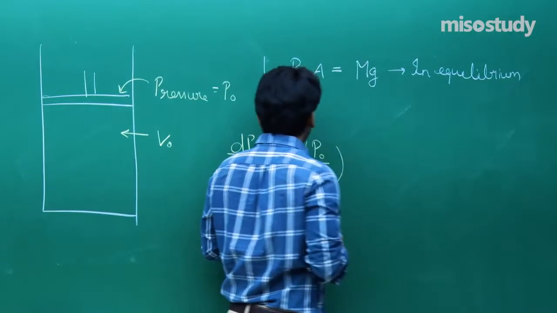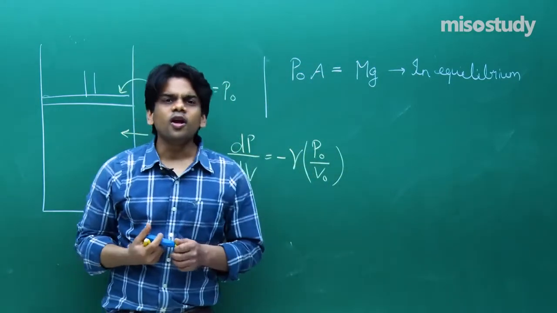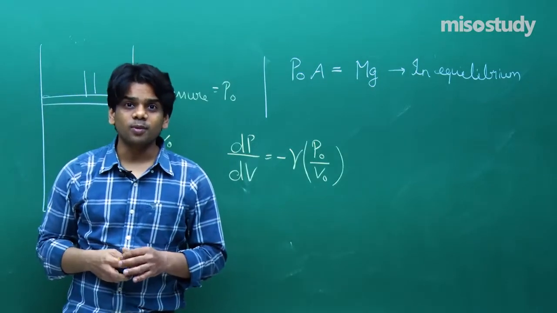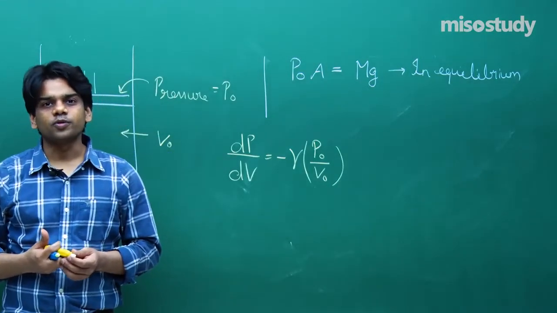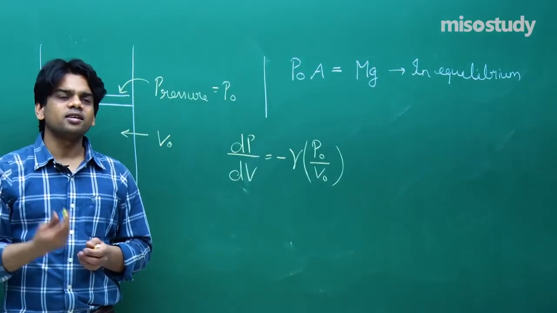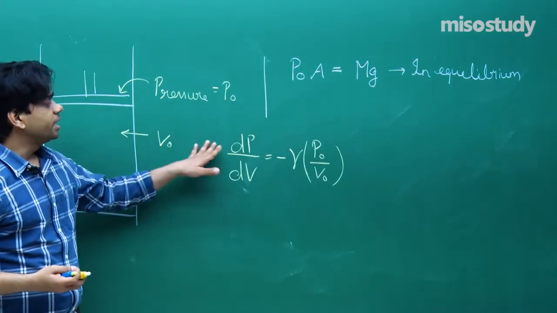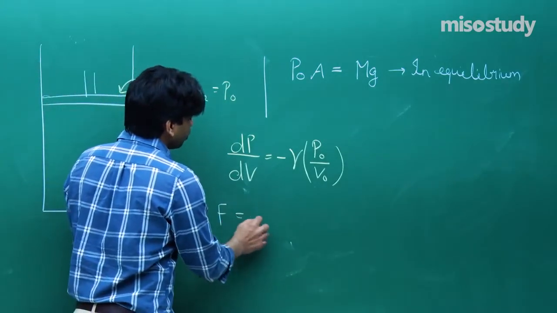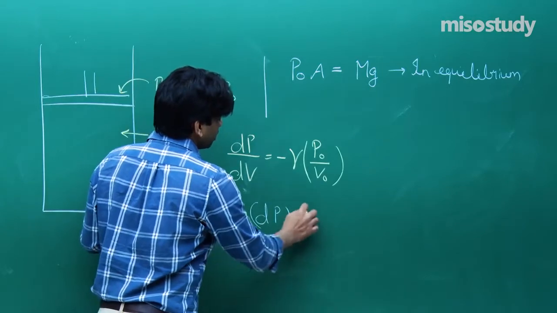Next, how to proceed? We all know that force is equal to minus k into x. If we come to know the value of force when the piston is displaced, see, if the piston is displaced, the extra force will come out to be dP into V. So, F will come out to be dP into dV.